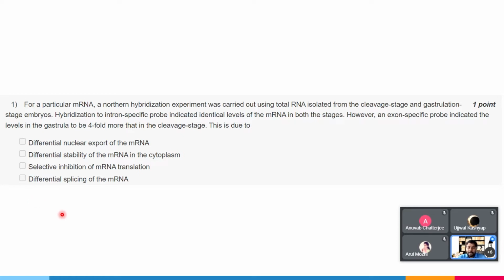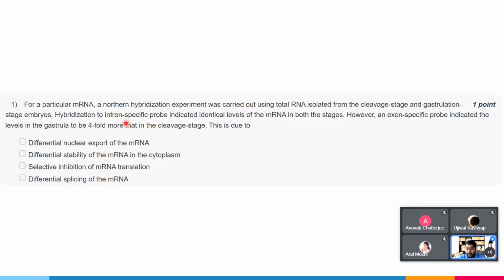What the question tells us is that when total RNA was isolated and a particular mRNA was probed using an intron-specific probe at two different stages of development, the cleavage stage and the gastrulation stage, the intron-specific probe gave us identical levels of mRNA. But an exon-specific probe tells us that the level of mRNA at the gastrula stage is fourfold more.